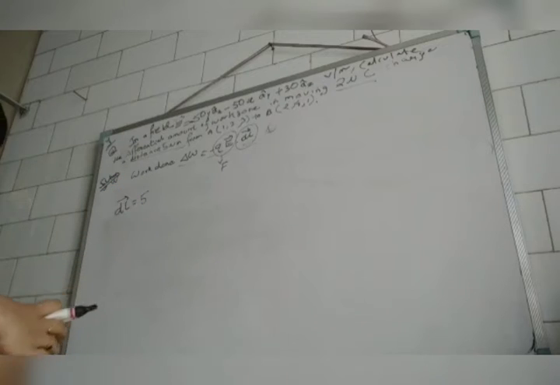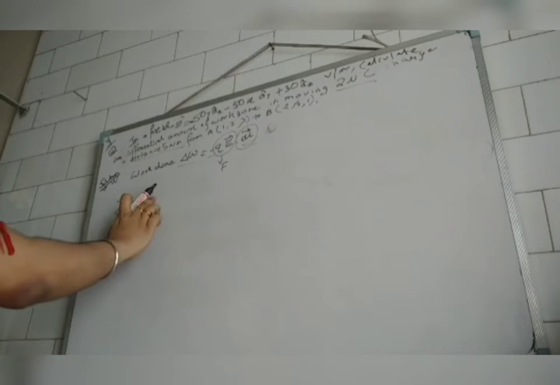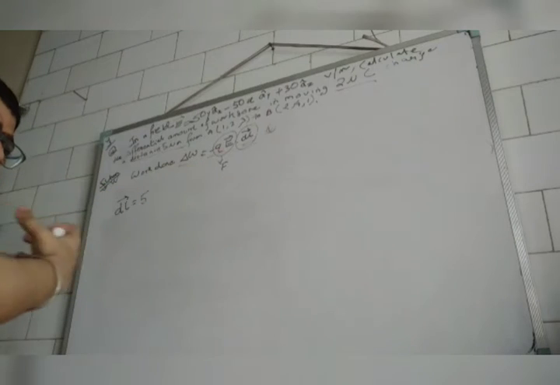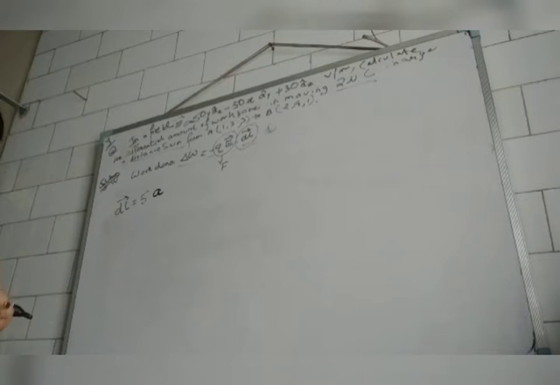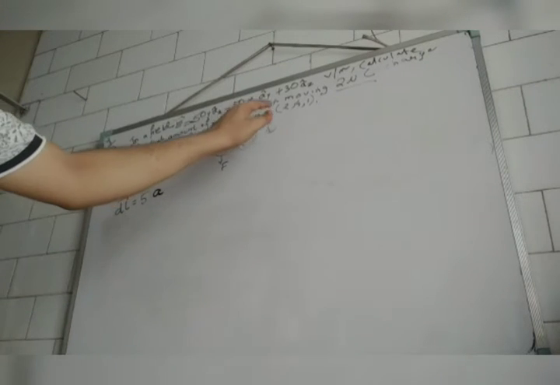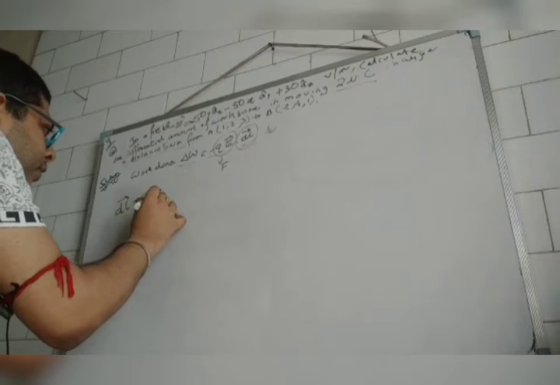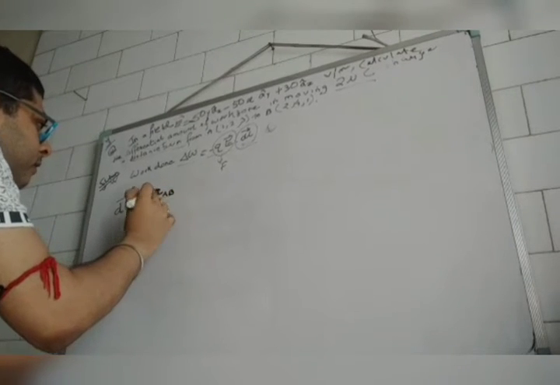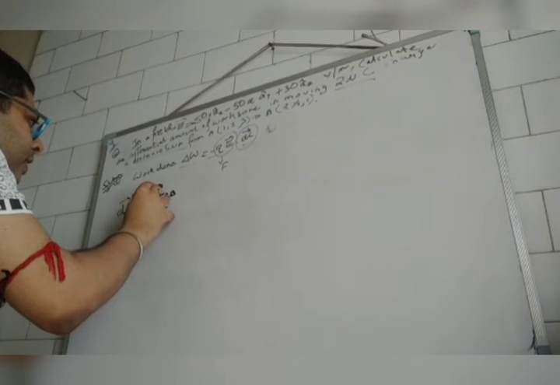And you need to multiply this by the unit vector along which direction you are bringing that charge. For this case we are bringing it from A to B. So let us write the unit vector to be from A to B. This is the unit vector.